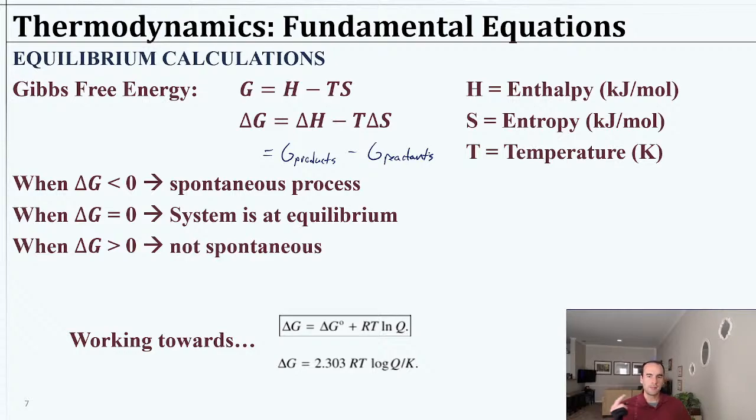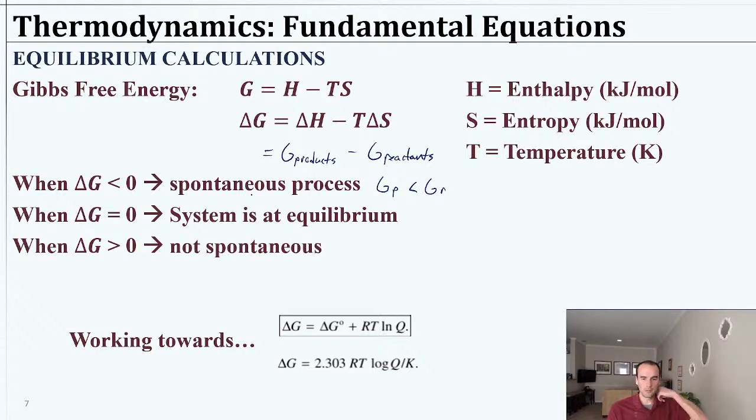So if delta G is negative, that means the energy of the reactants is larger than the energy of the products, and so it's favoring the products. That means it's spontaneous. So this essentially means G of the products is smaller than G of the reactants, if I did that right.